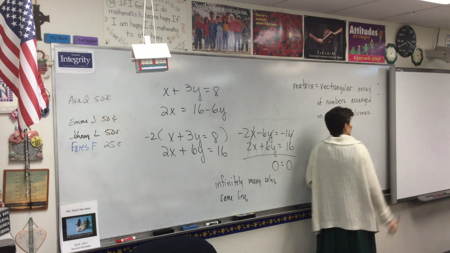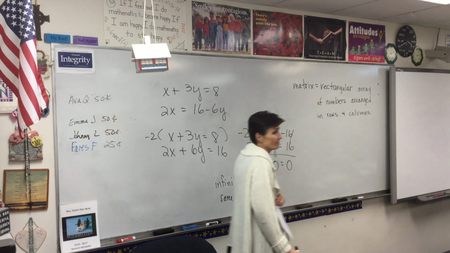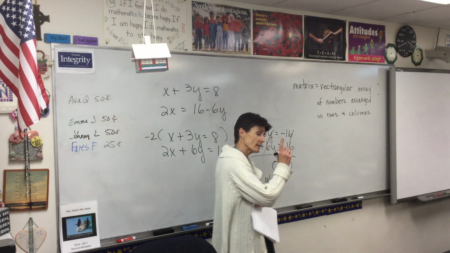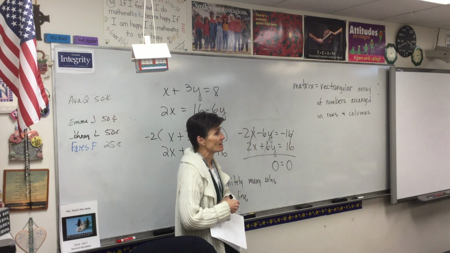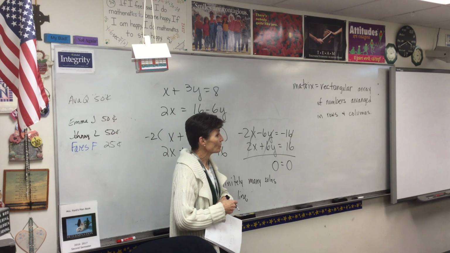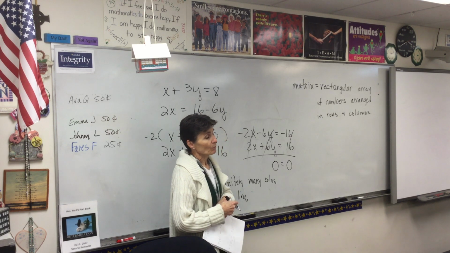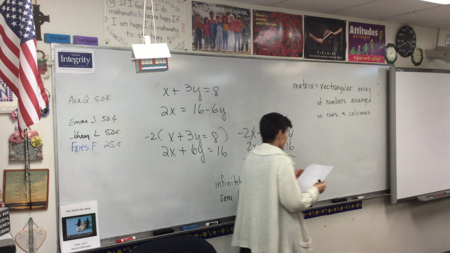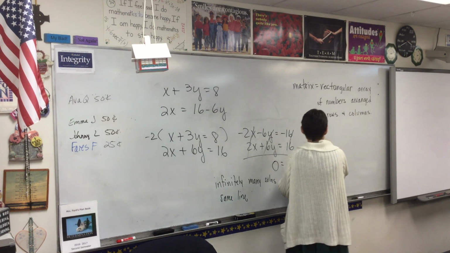If I were a betting person, I would bet that your test is going to ask you to define a matrix. A matrix, which is what this chapter is all about, is a rectangular array of numbers arranged in rows and columns.